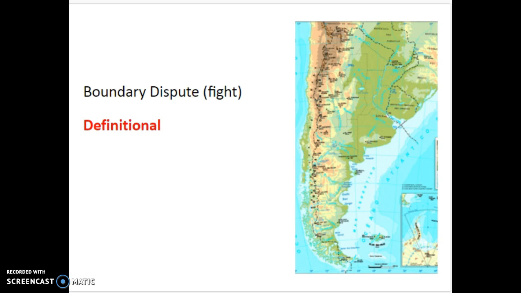It's difficult because the Andes Mountains, the watershed, and different resources that have been found, such as oil and natural gas, don't necessarily all coincide. So we see a case where Chile and Argentina have been fighting over where we define that boundary to lie between the two countries.